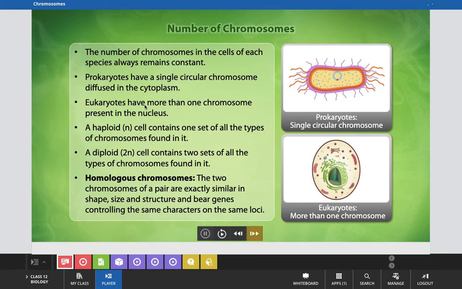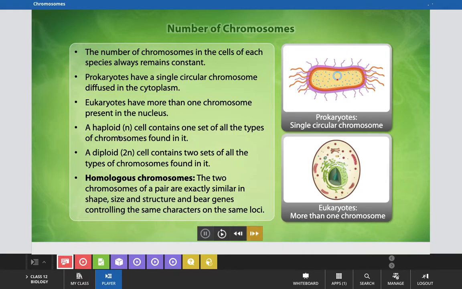What is the role of that plasmid in prokaryotes? We use it in various biotechnological practices. Eukaryotes have more than one chromosome present in the nucleus, and here is the structure of a eukaryotic cell. The number of chromosomes varies from species to species.